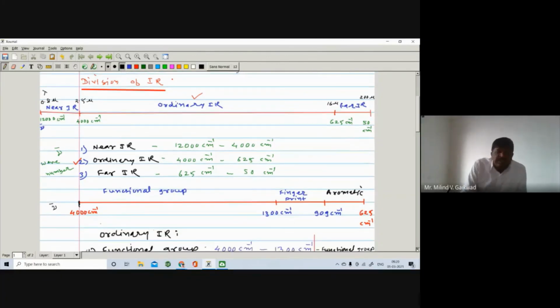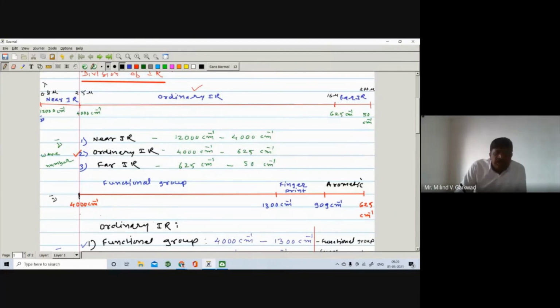So what is the range for the functional group? 4000 to 1300 centimeter inverse. Fingerprint: 1300 centimeter inverse to 909 centimeter inverse. Aromatic: 909 to 625. So roughly I can say 4000 to 1300, 1300 to 900, 900 to 600.